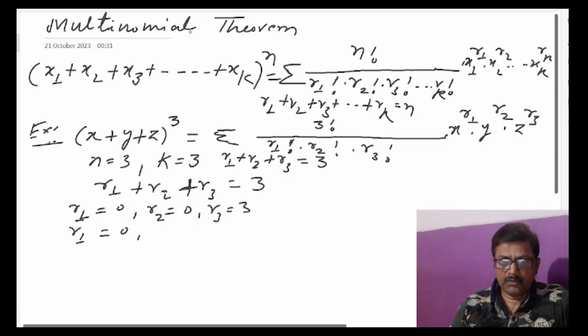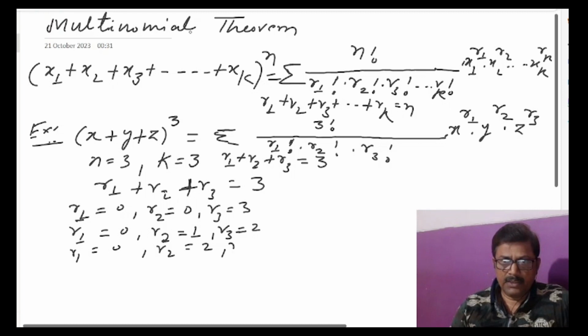Now keep R1 equal to 0 and take R2 equal to 1. This is 0, this is 1. So R3 will be 2. This is another set. This was first, this is second set. Now keep R1 equal to 0 and take R2 equal to 2.